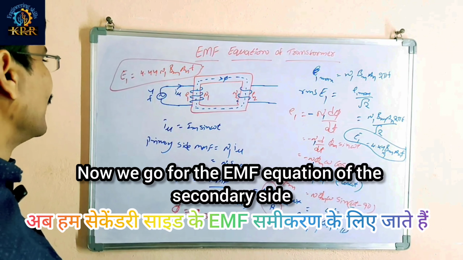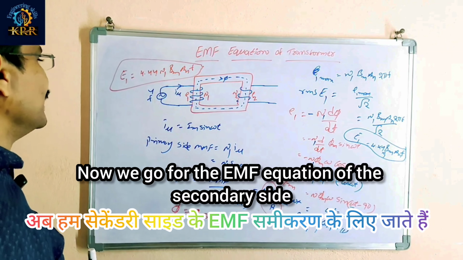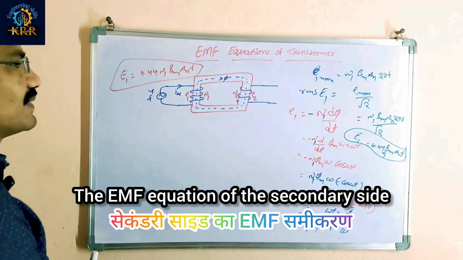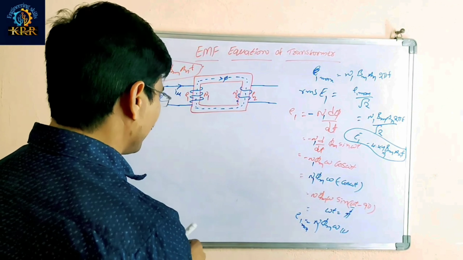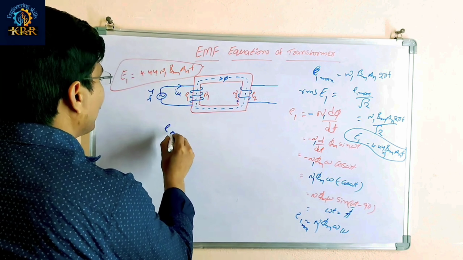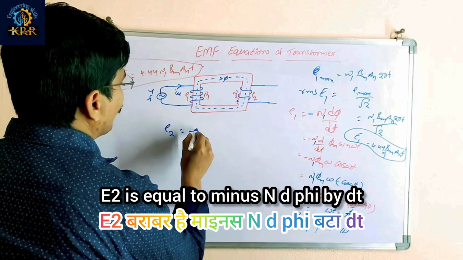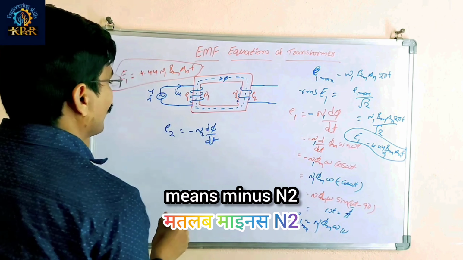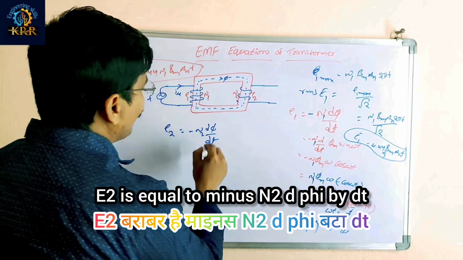Now we go for the EMF equation of the secondary side. In the same way, E2 is equal to minus N2 d phi by dt.